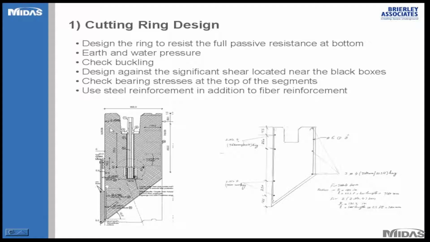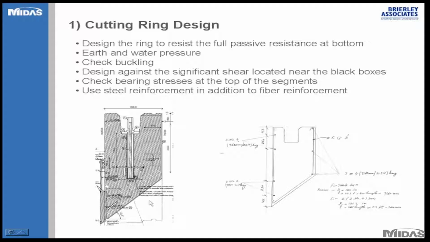As you push this ring into the ground, you will have a gap of about 2 inches between the ring and the soil. Eventually, this will close in as you go deeper, but initially you need this gap so you can easily advance the shaft, or this cutting shoe ring.